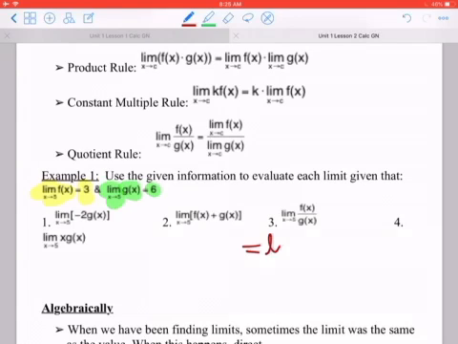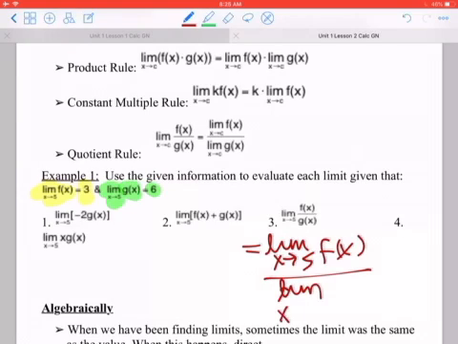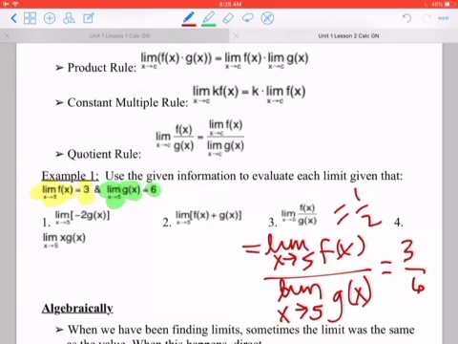So it's the same thing as the limit as x approaches 5 of f of x all over the limit as x approaches 5 of g of x, which is 3 over 6, and that's 1/2.